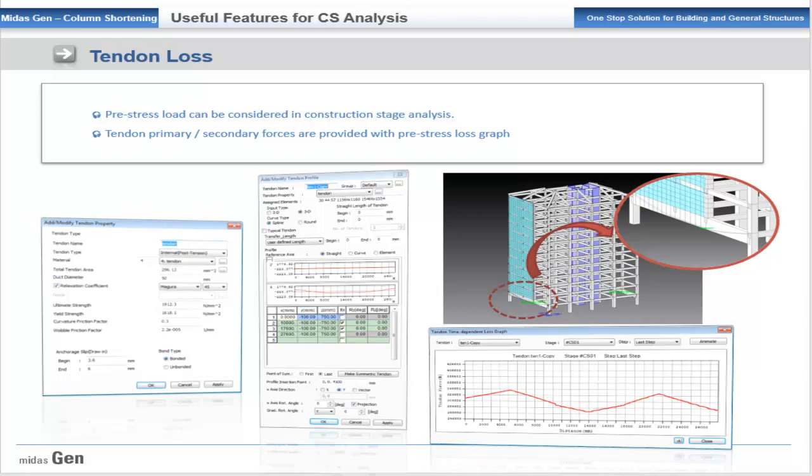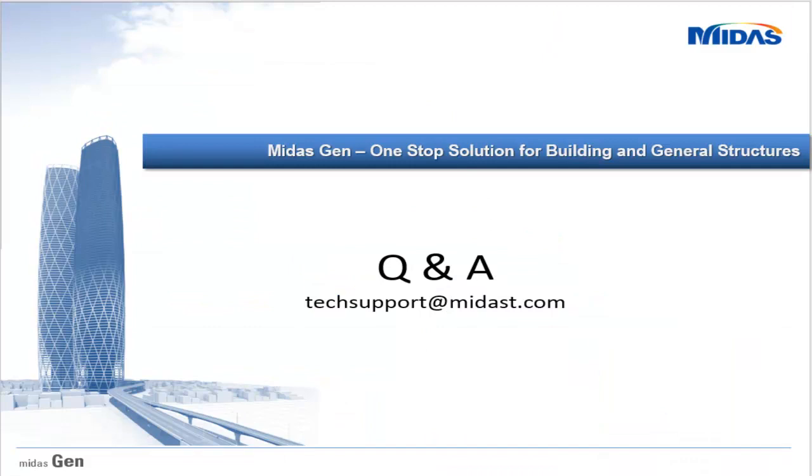Now I'd be going for the question answers part. So there are some questions here. One of the questions is, is the analysis speed fast for high-rise buildings, and how long does it usually take?